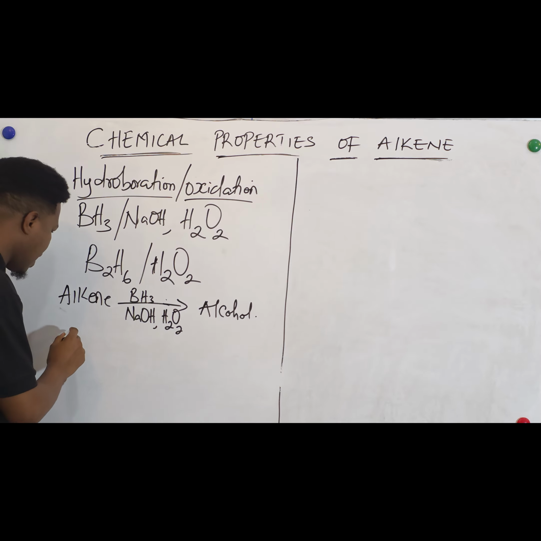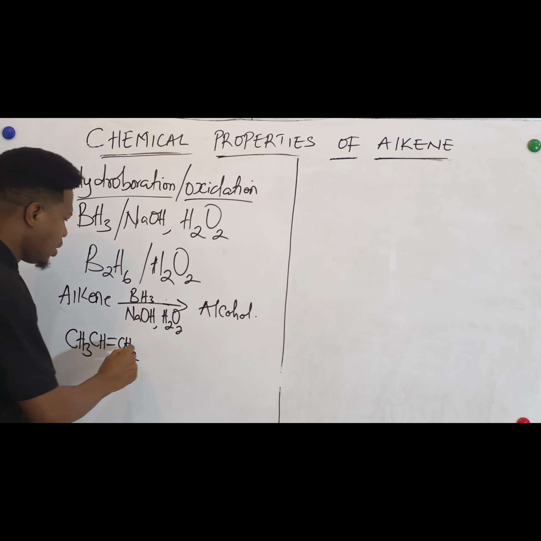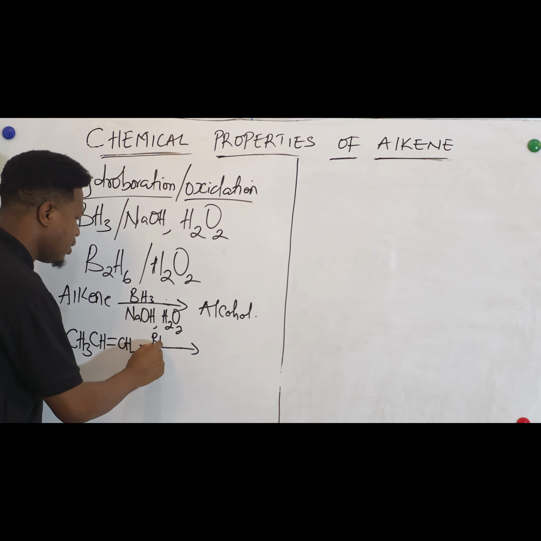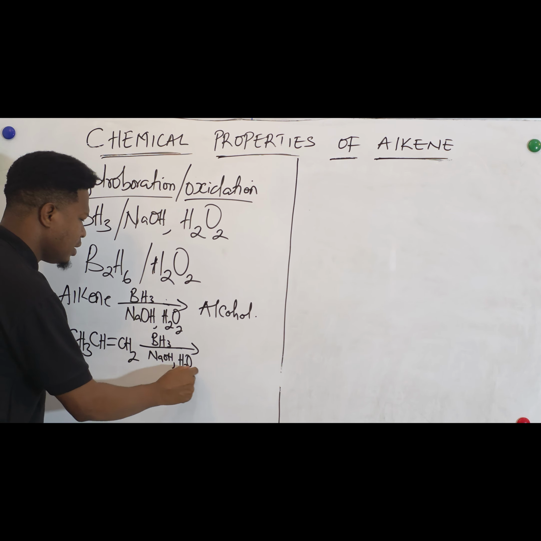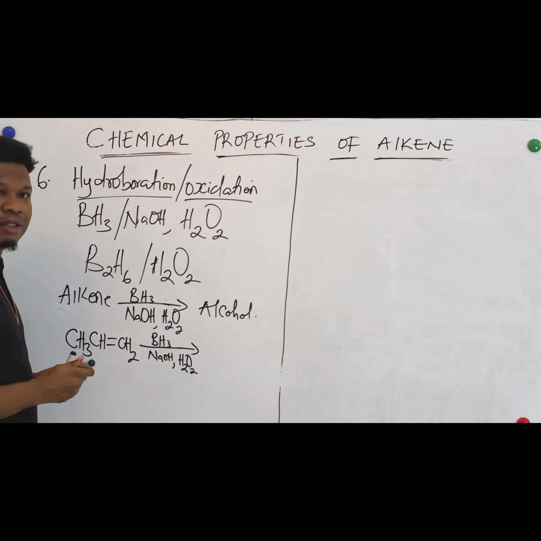Example, let's say we have something like CH3, CH double bond CH2, propene. If you carry out this reaction using this reagent, let's say borohydride with sodium hydroxide and peroxide, this reaction will initiate the addition of water to this following the anti-Markovnikov's rule.